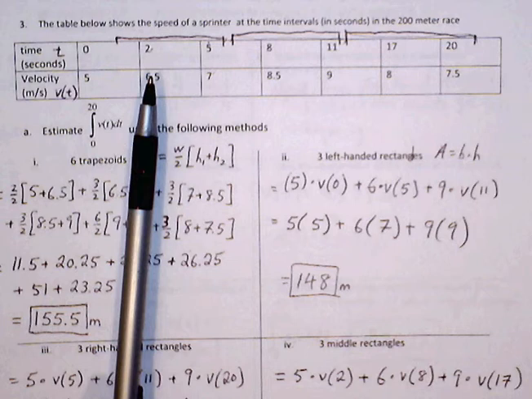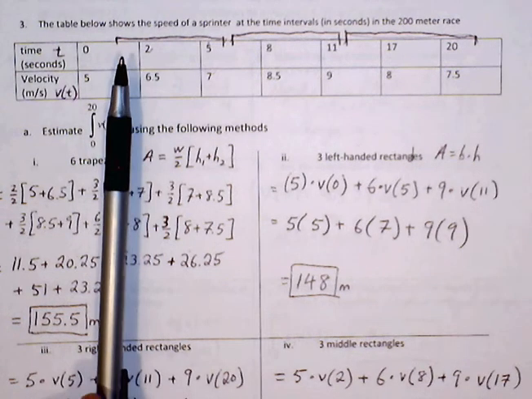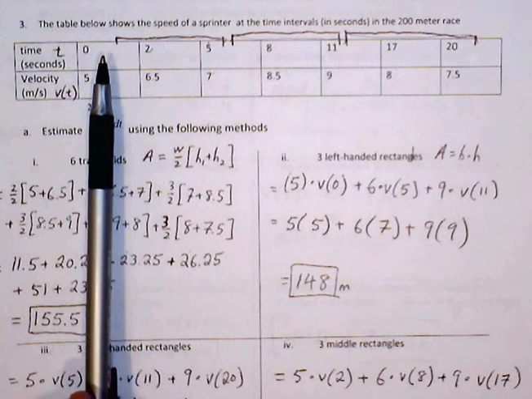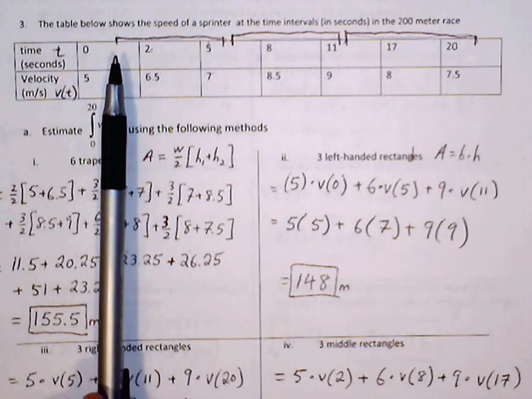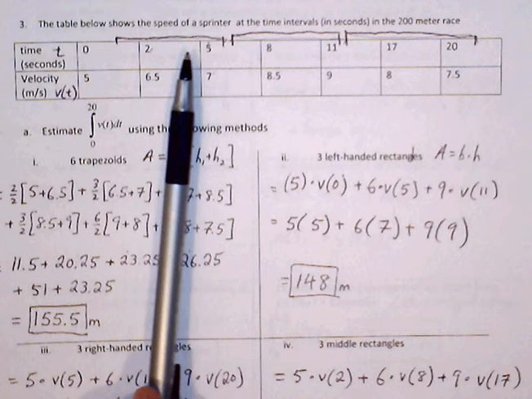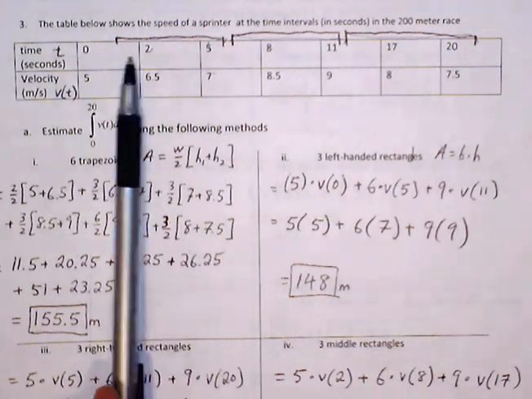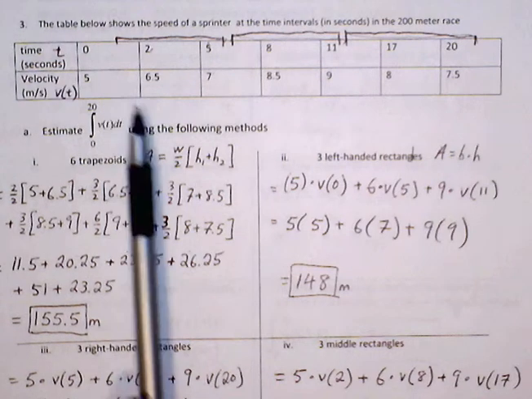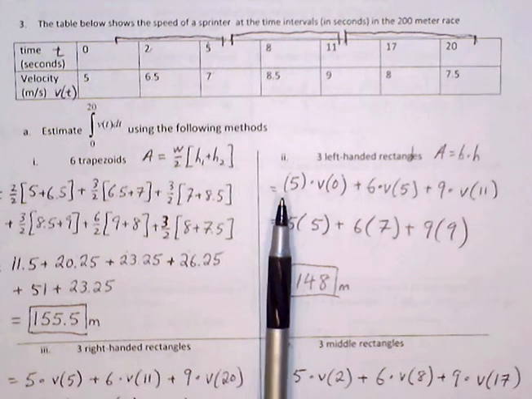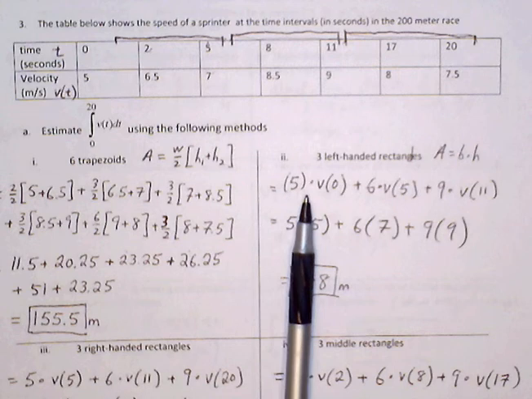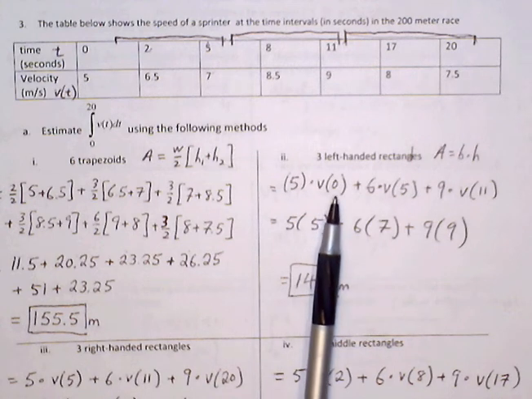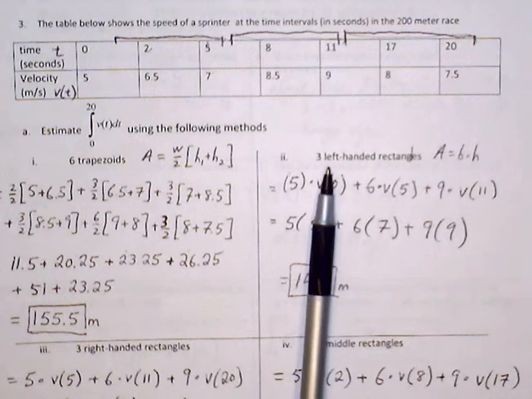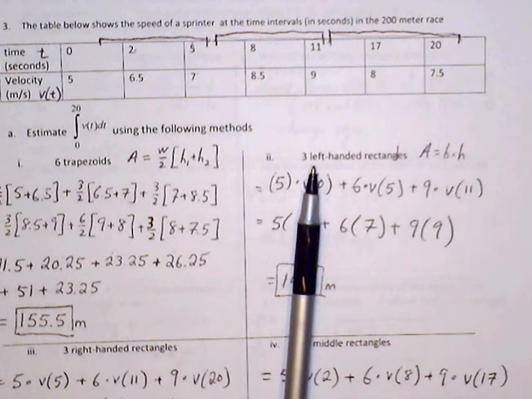Left-handed rectangles means that I'm going to be choosing the left endpoint, the left height in these subintervals. So v of 0 would be the height for my first rectangle. My first rectangle has a width of 5, and for the height, I'm going to be using v of 0, because they're telling us to use 3 left-handed rectangles.